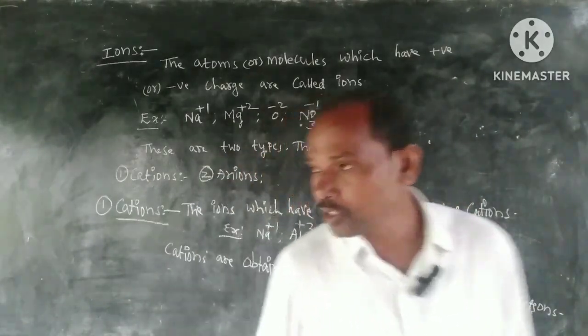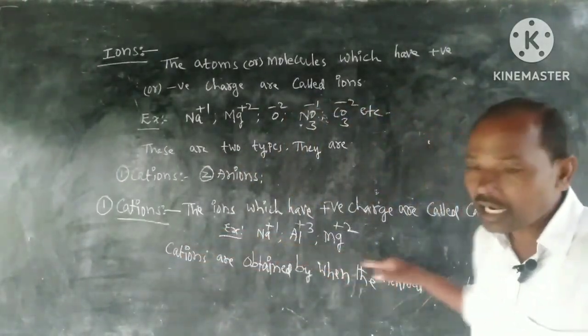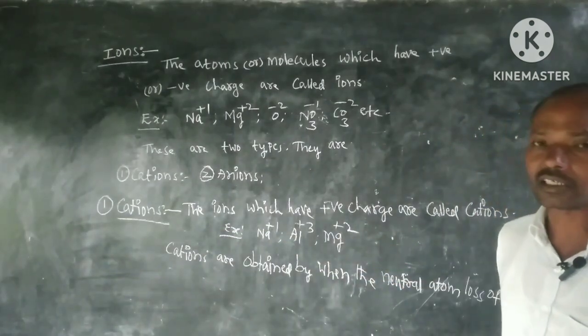Cations are produced by the loss of electrons in the neutral atom.